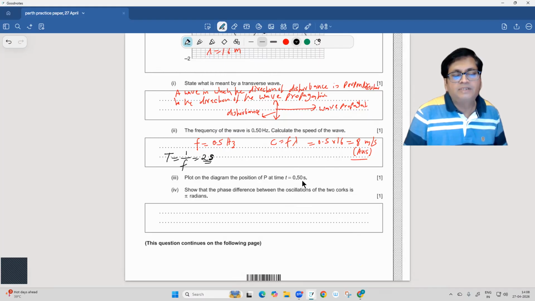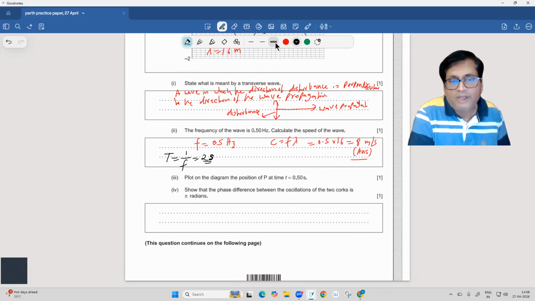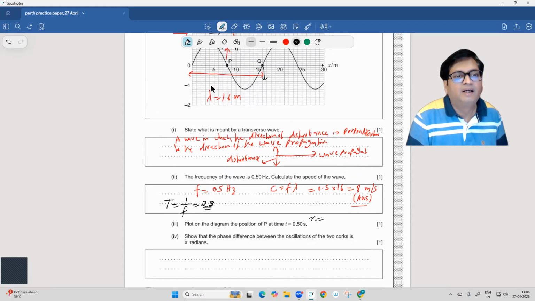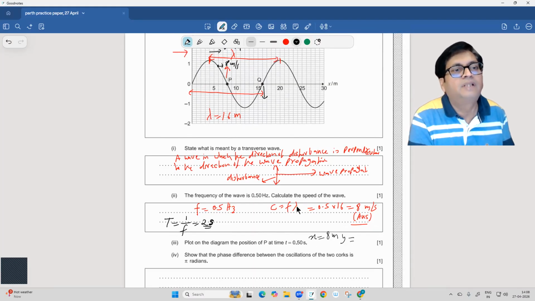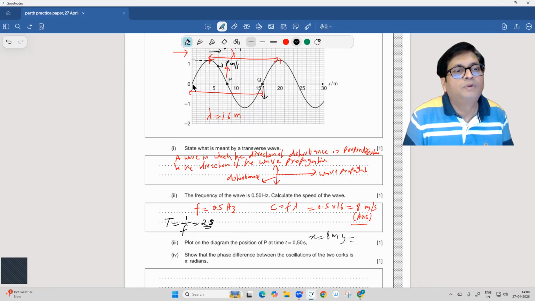पोजिशन ऑफ द पॉइंट P एट t इज इक्वल टू 0.5 विल बी एट द टॉप। तो x कोऑर्डिनेट तो सेम ही रहेगा जो अभी है, देयर इज नो चेंज इन x कोऑर्डिनेट। P पॉइंट का x कोऑर्डिनेट क्या है? x इज इक्वल टू 8 मीटर। और y कोऑर्डिनेट कितना होगा? 0.5 सेकंड पे टॉप पर पहुंच जाएगा। टॉप का y कोऑर्डिनेट कितना है? 1, 2, 3, 4, 5, 6, 7, 8.